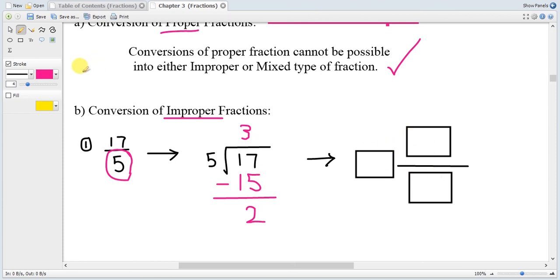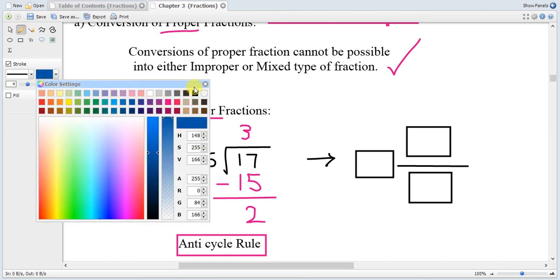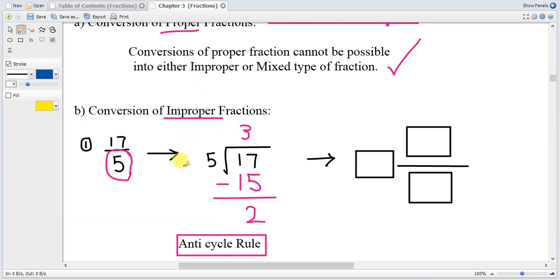Now, how are we going to write these values in mixed form? Here we apply the anti-clockwise method.